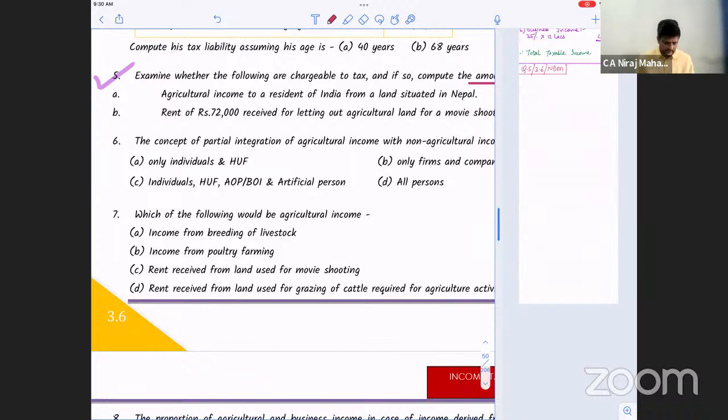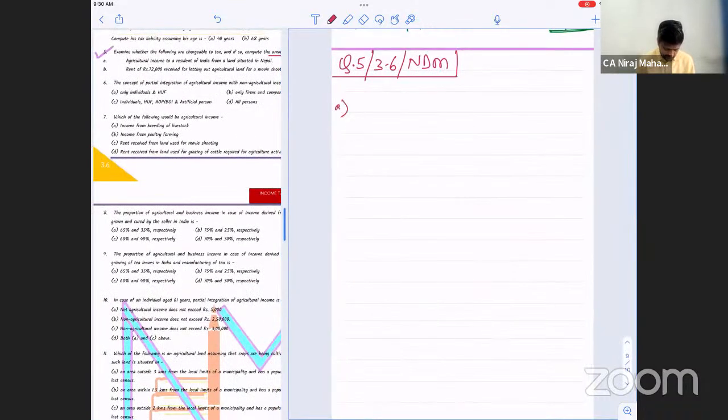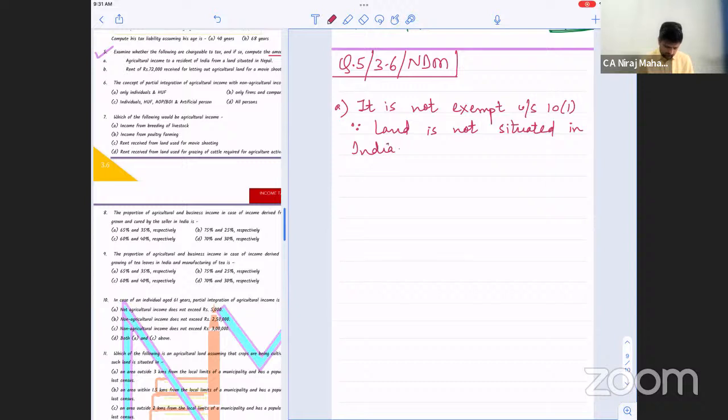So point A: it is not exempt under section 10(1), since land is not situated in India. Simple. Clear?